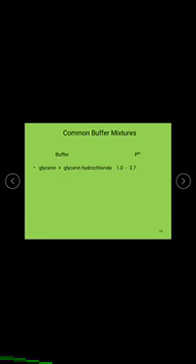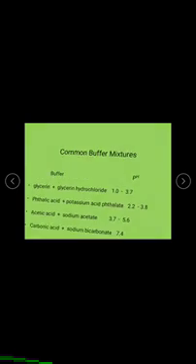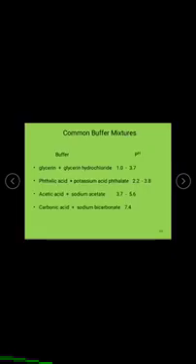Glycine and glycine hydrochloride, its pH range is 1.0 to 3.7. These are the acidic buffers. There are two types: acidic buffer solutions and basic buffer solutions.